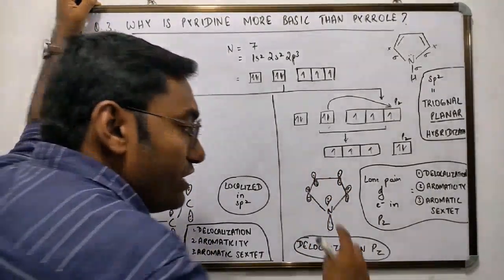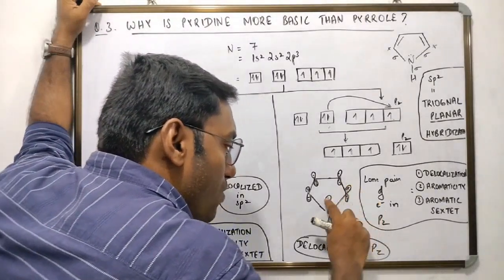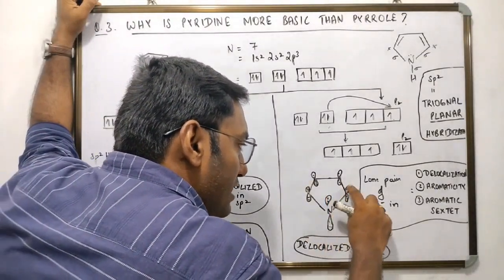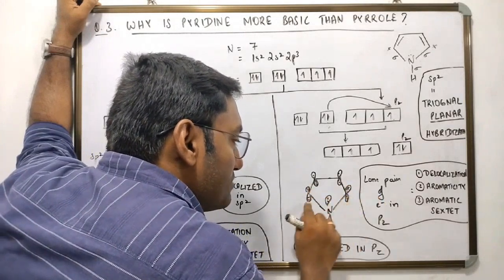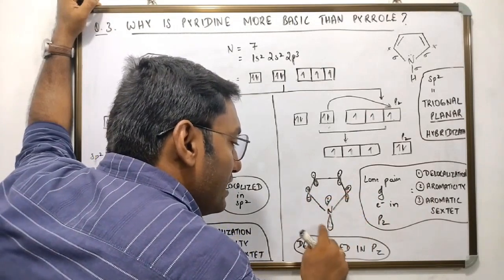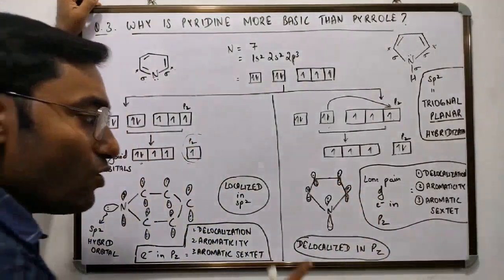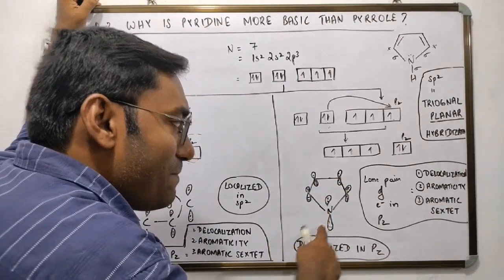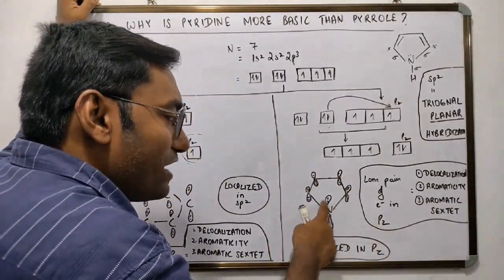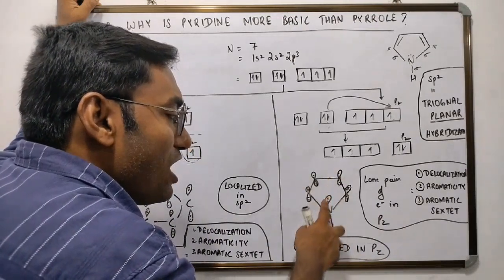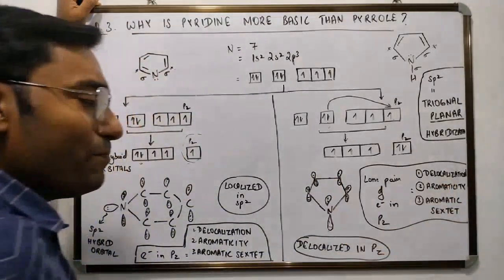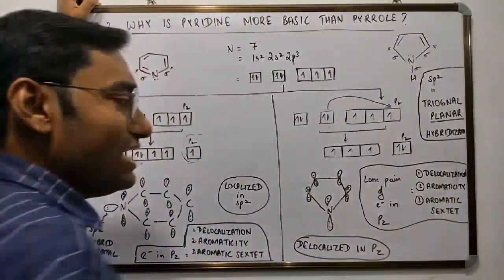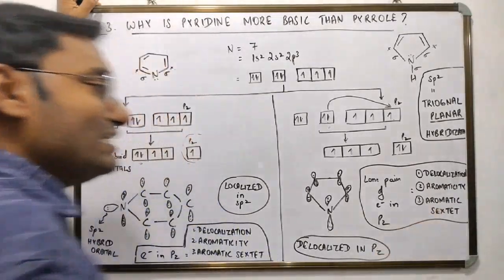It is now free to have lateral overlap with the other unhybridized pz orbitals of carbon atoms on either side, and thus the lone pair of electrons in the pz orbital of nitrogen in pyrrole contributes to delocalization, aromaticity, and the aromatic sextet.